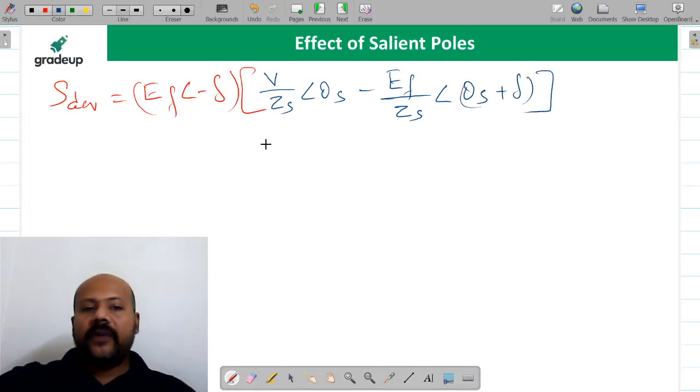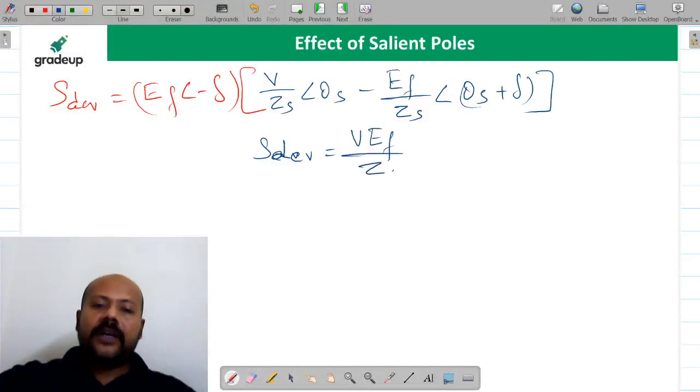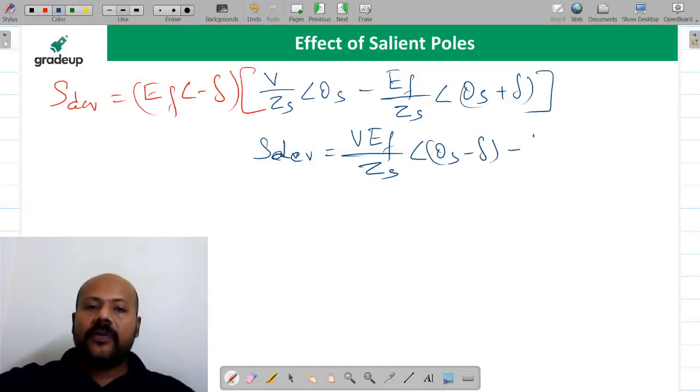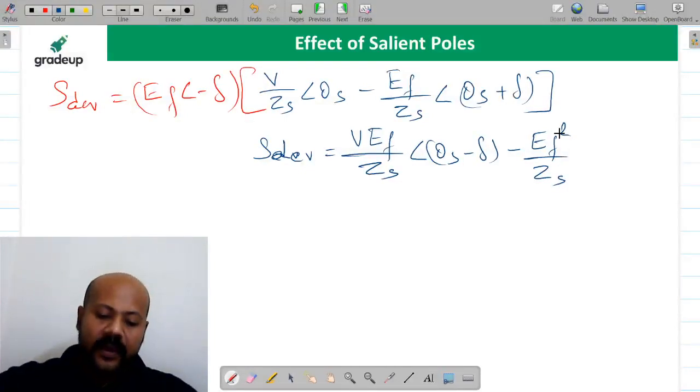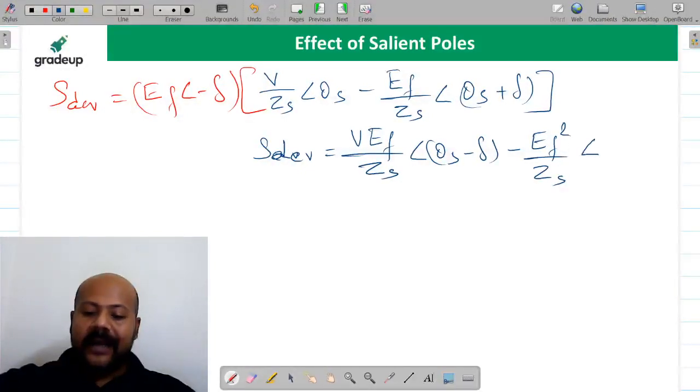Now if you want, then you can simplify this. So beta, you will be getting S developed as VEF upon ZS. This is going to be angle theta S minus del, and this is going to be minus EF square upon ZS, and this is beta going to be angle theta S, because minus del and plus del are going to be cancelled.